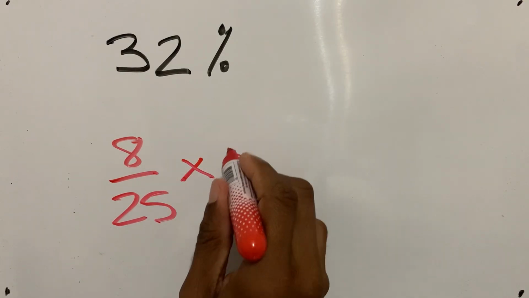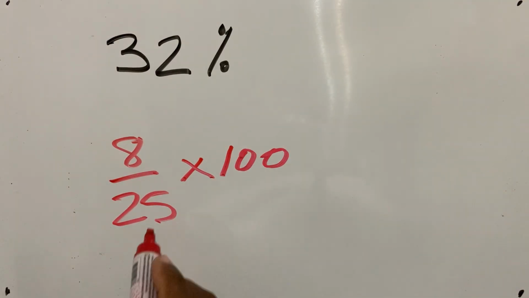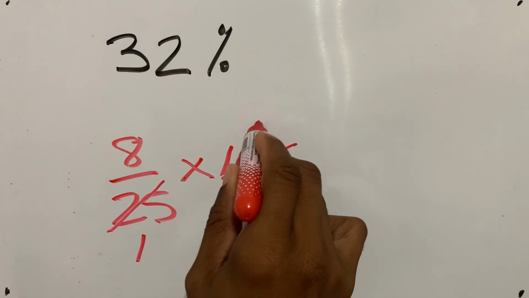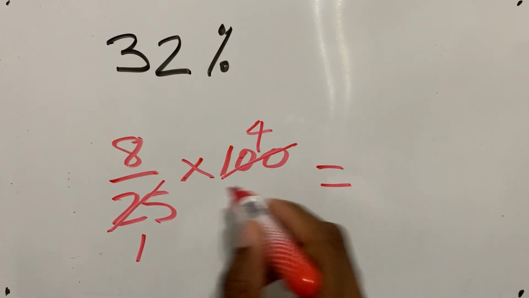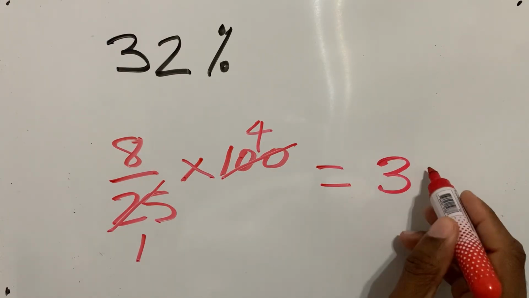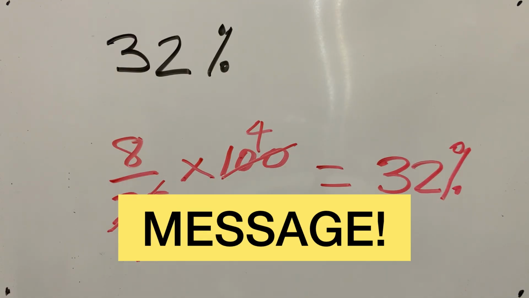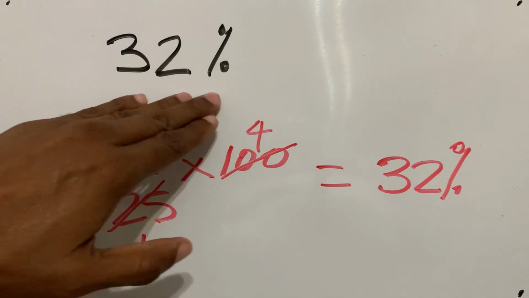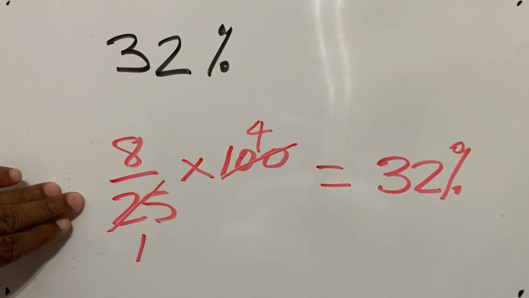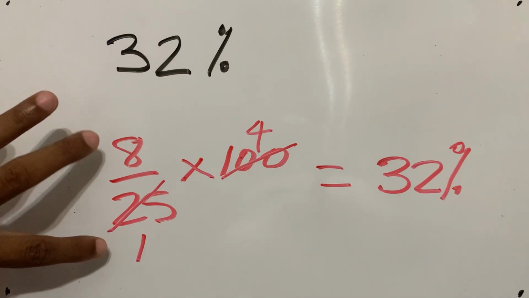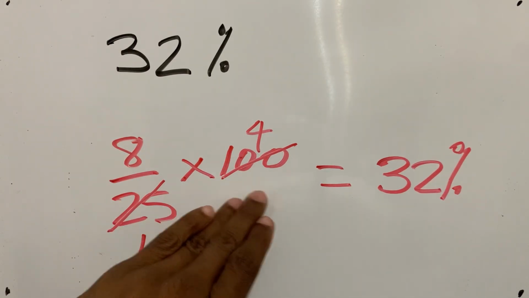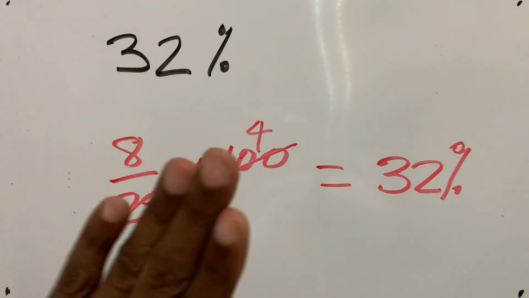We multiply this by 100. 25 into 25 goes 1 time, into 100 goes 4 times. So we get back our 8 times 4 is equal to 32%. So we just saw how we moved from a percentage to a fraction, and how we move back from our fraction to a percentage. Let's get into some practical real life situations.